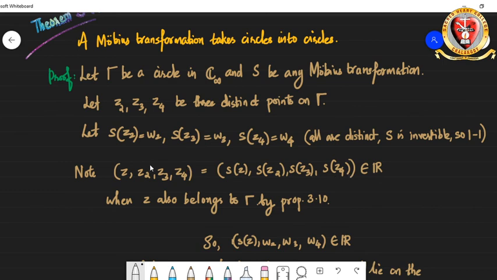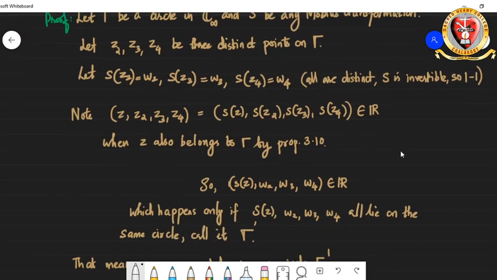Since z, z2, z3, z4 all come from the circle gamma, from proposition 3.10 we can say that this cross ratio is a real number. That means this is also a real number, right? We said that a cross ratio is a real number if and only if all 4 points come from a circle.